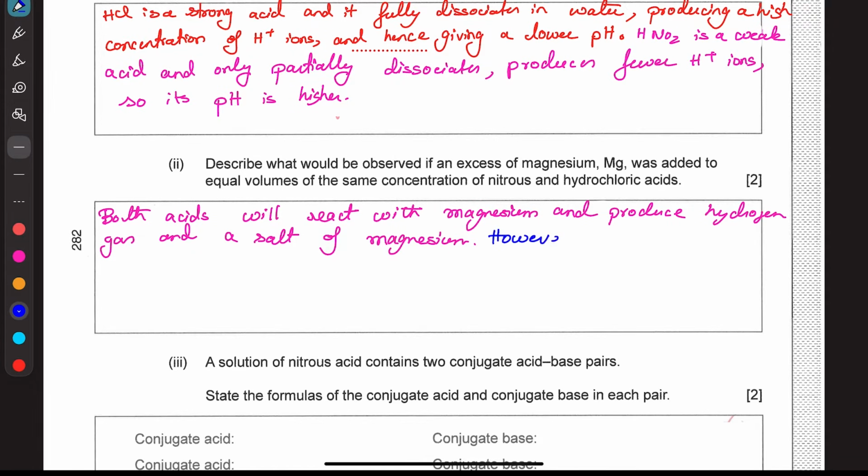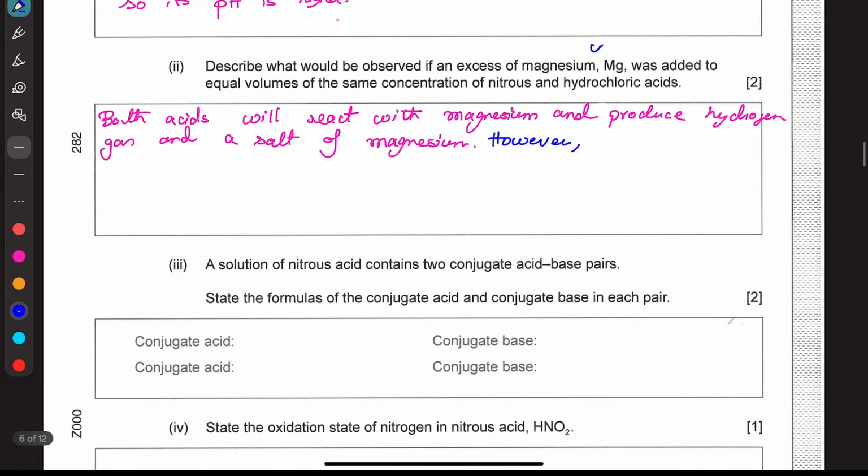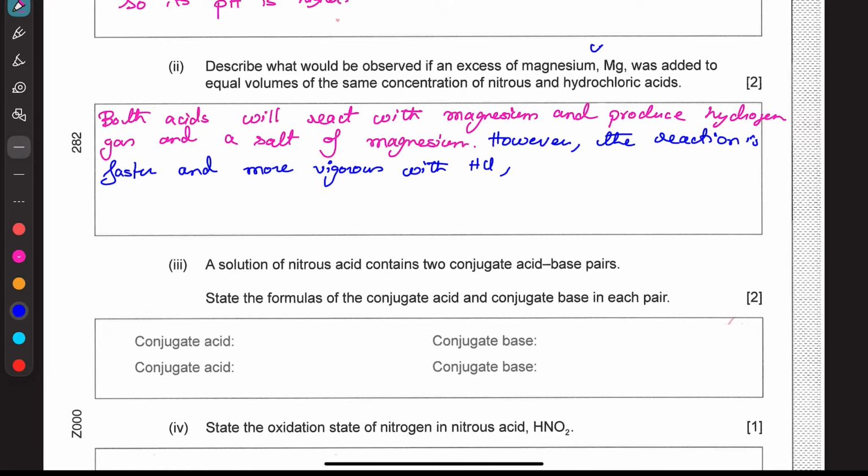However, the reaction is faster and more vigorous with HCl, while it's slower and less vigorous with HNO2. That's it.